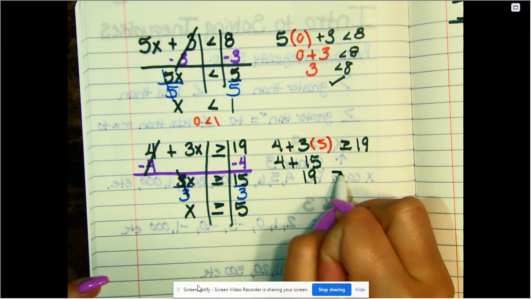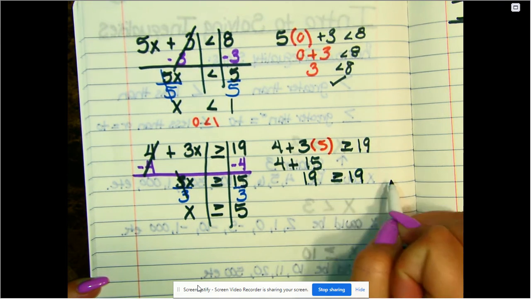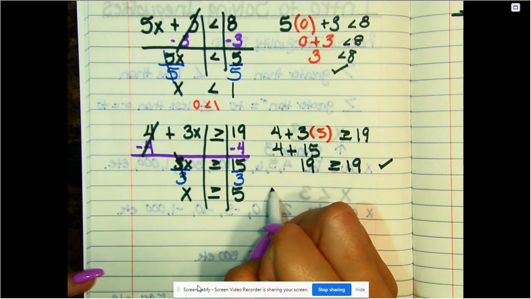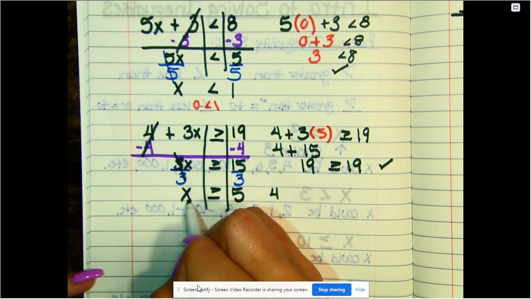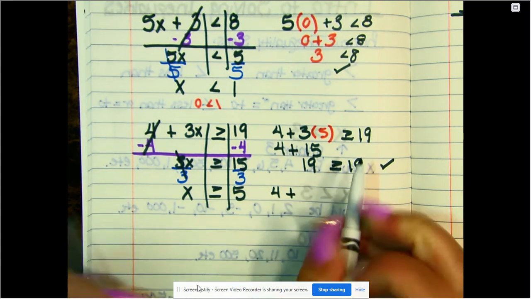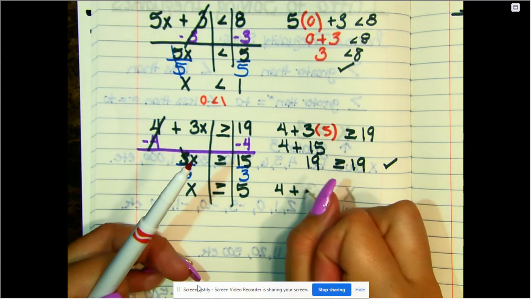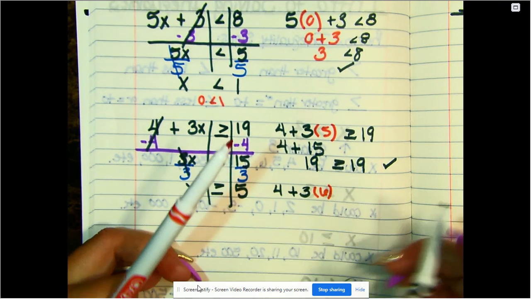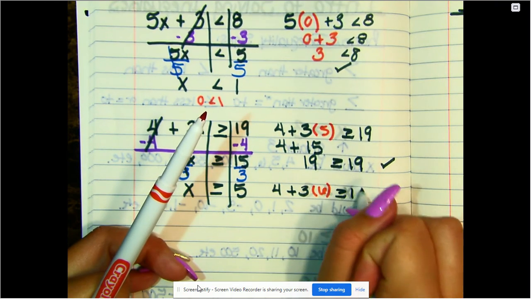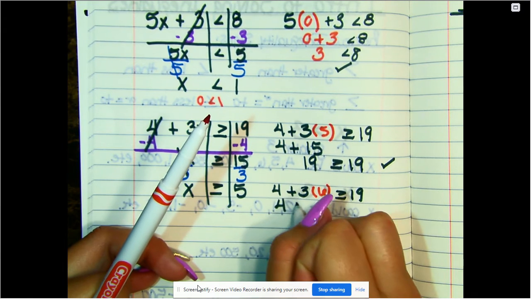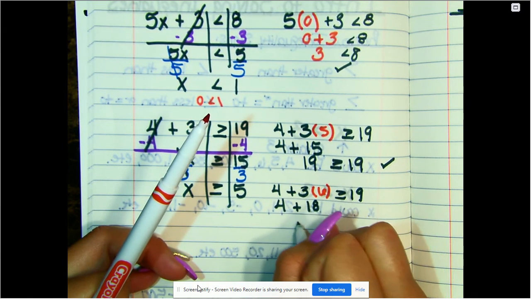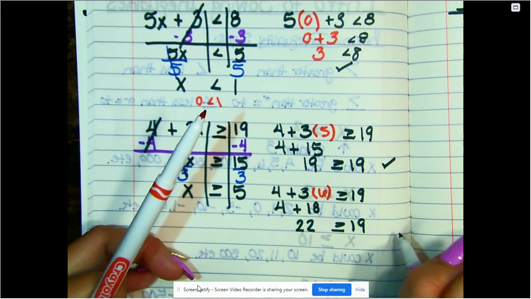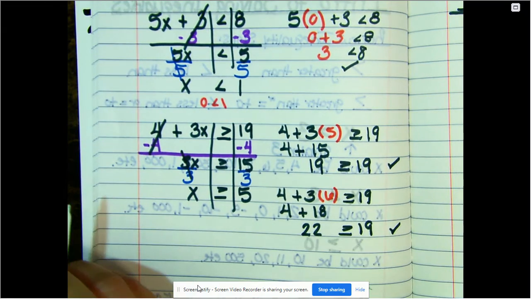Is 19 greater than or equal to 19? Yes, that is true. For the next one, let's use 6 because it says greater than. 4 plus 3 times 6 is 4 plus 18, which is 22. Is that number greater than or equal to 19? Yes, it is.